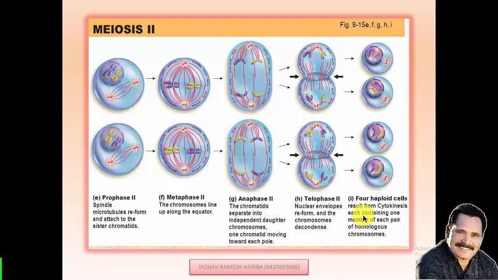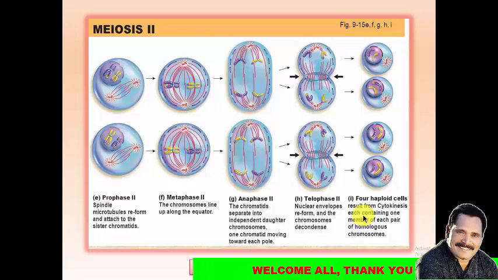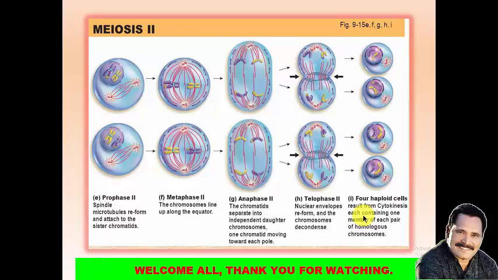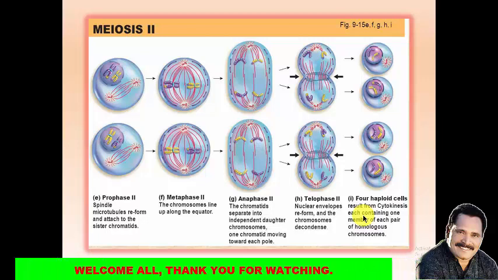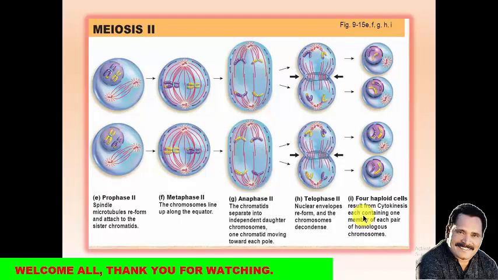Here the germ cell undergoes the reductional cell division, that is the number of chromosomes becomes half, so it is a reductional cell division. In such type of cell division, the number of chromosomes becomes half. 4 haploid daughter cells are formed from a single diploid cell.